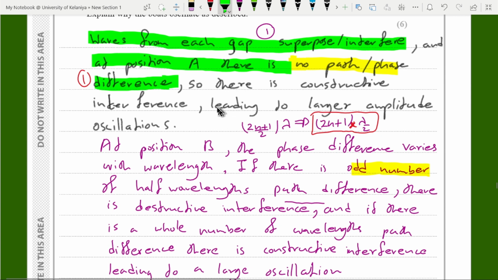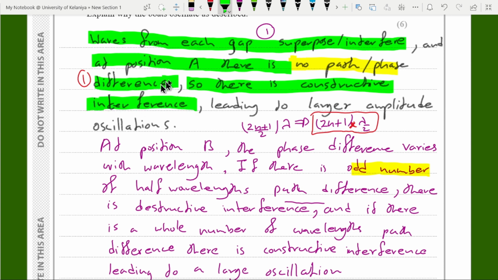So there's the constructive interference one, in the point that they have given, 1 mark. It's better if you use a press or something, otherwise you will have one point over here and another point over here.